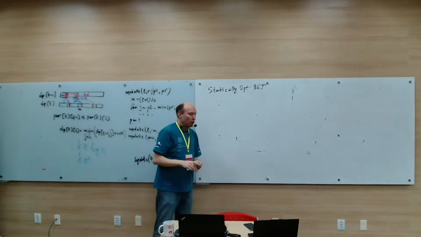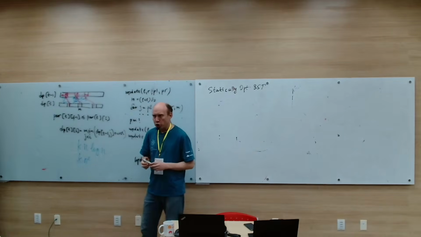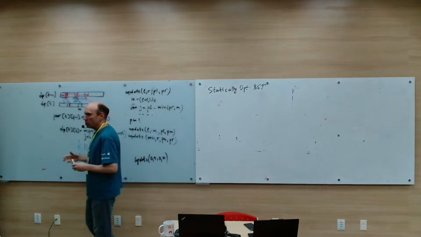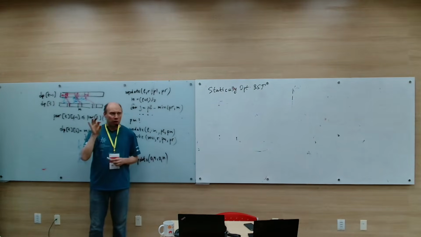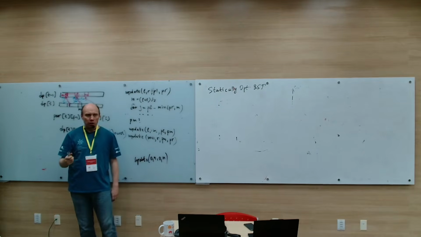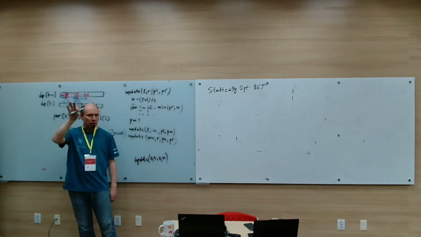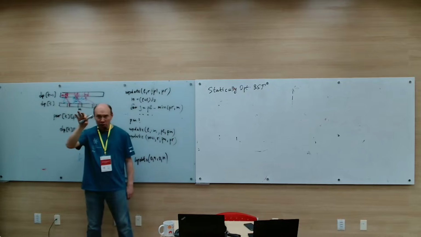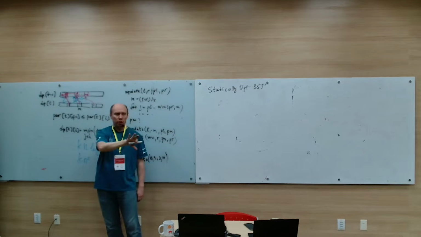What does it mean? A binary search tree is a tree that stores values, the keys, in its nodes, and the condition is that all the keys in the left subtree are less than the key in the node, and it is less than all the keys in the right subtree.